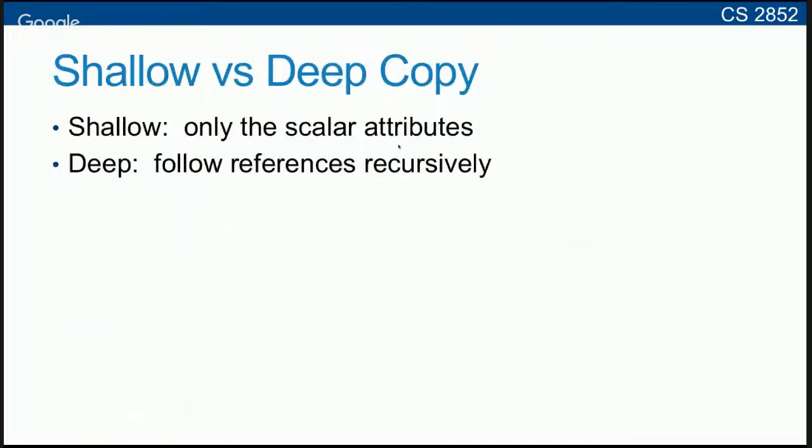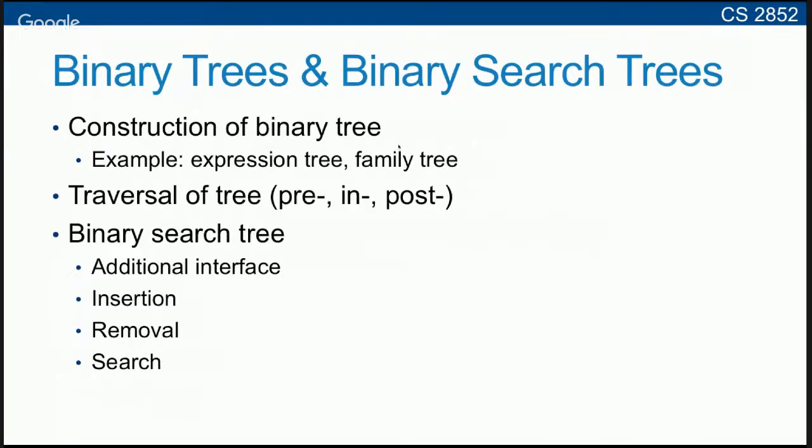Know the difference between shallow and deep copy and how we handle that. Know the distinction between binary trees and binary search trees. What's the difference between those two? And what is that additional imposition? The fact that it's ordered.